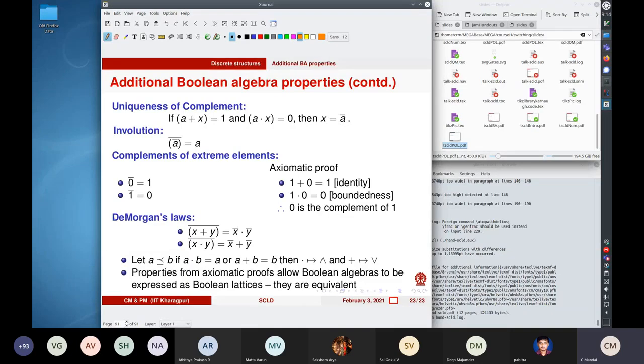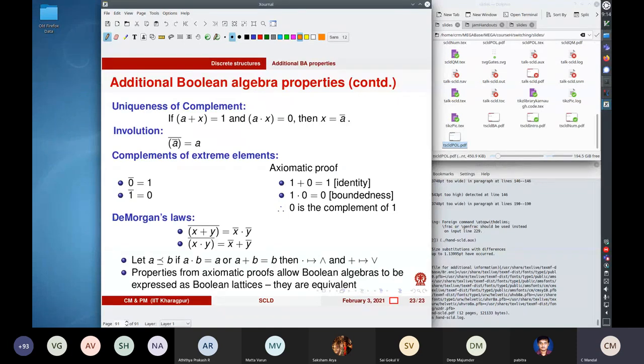It shows that all the properties that you can derive for Boolean algebras using Huntington's postulates are essentially the same properties that you had for a Boolean lattice.